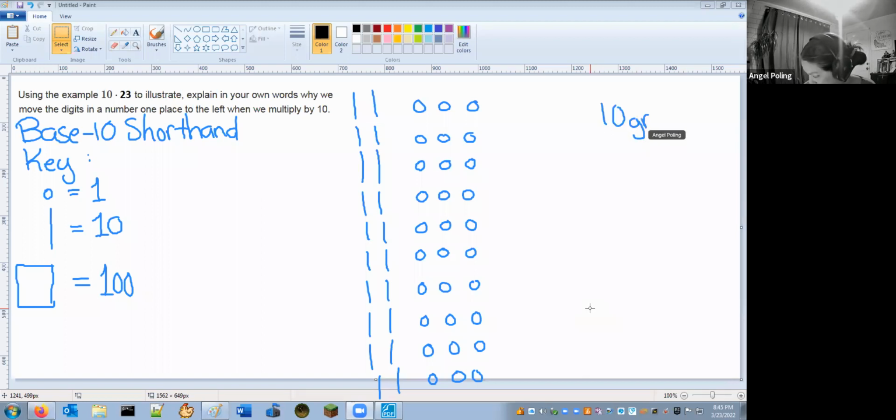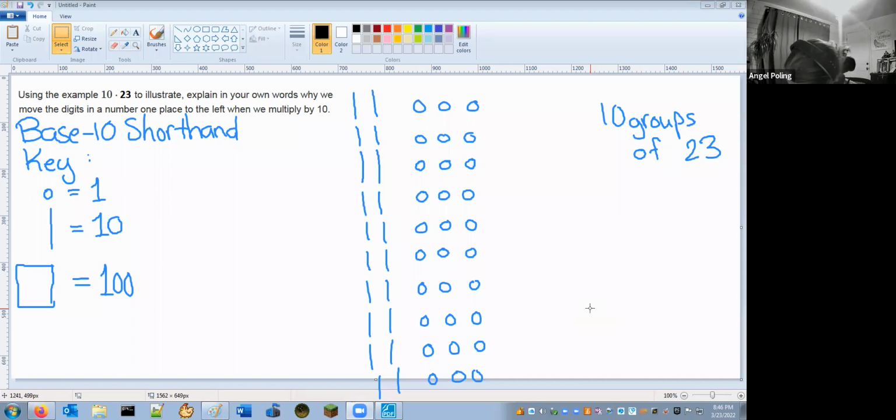10 groups of 23. 10 times 23. Now, because we've stacked it like this, what we can do is make groups of 10 and regroup it as a next image, right? So we regroup and redraw. I'm going to start with my 1s.